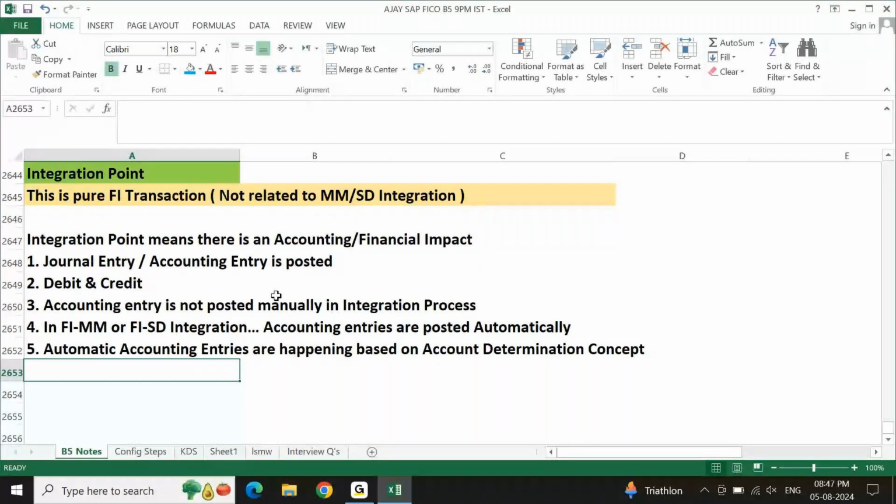So far, if you take an example, point number 6, example of account determination.